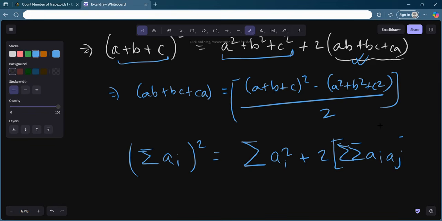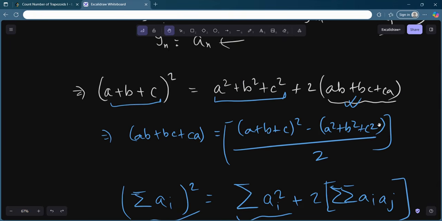So that is how it happens, and see, this has two summations, so it requires two for loops, right? But this term and this term have a single summation, so you can solve it using a single for loop, right?